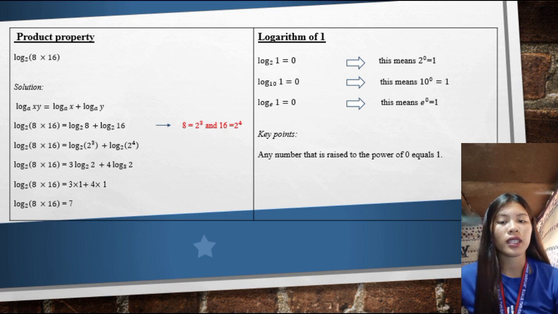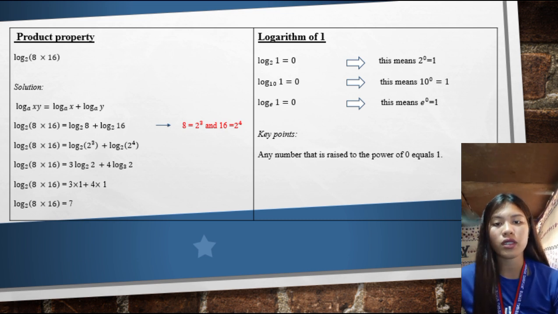So we know that 8 is equal to 2 cubed and 16 is equal to 2 raised to 4. So substituting these values, we have log base 2 of 2 raised to 3 plus log base 2 of 2 raised to 4.